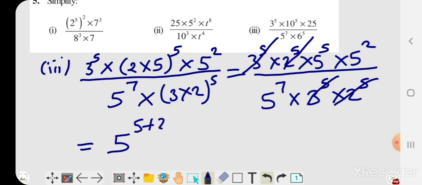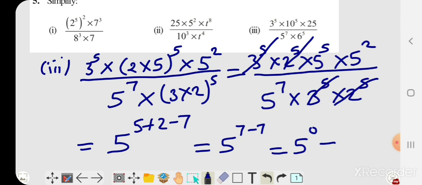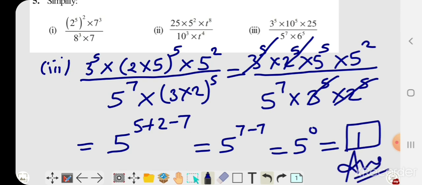And this is in denominator, so power will be subtracted. Now 5 raised to power 5 plus 2 gives 7 minus 7. 5 raised to power 0. Here 5 raised to power 0 means any number whose power is 0, the value will be equal to 1. So students, this exercise is completed.